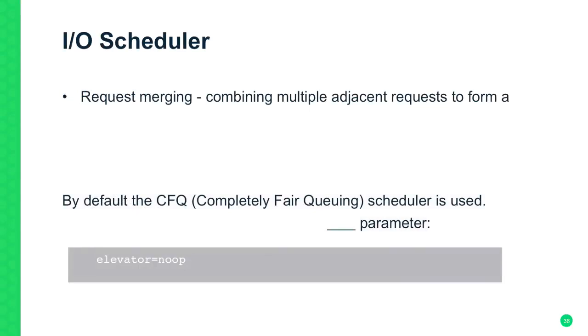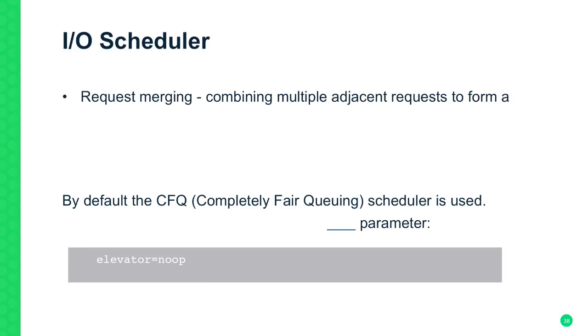And what about the I/O scheduler? There are several different I/O scheduler choices available, but the preferred one for virtual machines is called no operations, okay. Basically, it does not attempt to guess the storage by implementing a sophisticated elevator algorithm, and it tends to work very, very well on virtualized environments, on virtual machines.